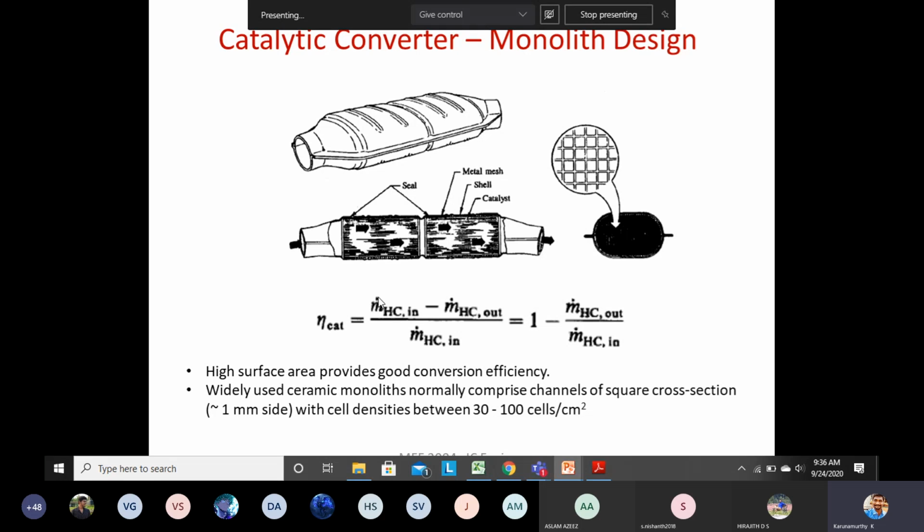The mass flow rate of the hydrocarbon at the entry of the catalytic converter minus the mass flow rate of the hydrocarbon leaving the catalytic converter, divided by the entry mass flow rate. Now let us say, for example, 100 quantities of unburned hydrocarbon is entering, and only 5 is leaving. 100 is entering, 5 is leaving, divided by 100. So that will give you 95%. This is the conversion efficiency. Okay, this is how the conversion efficiency is calculated.